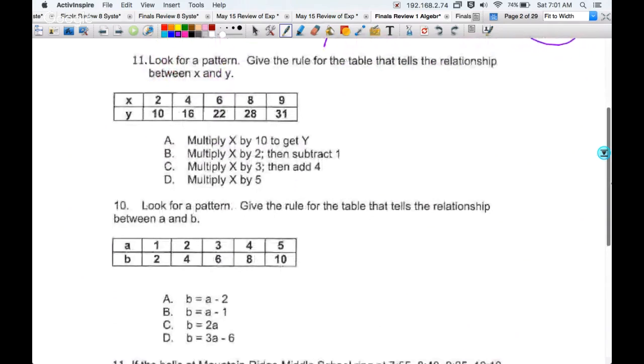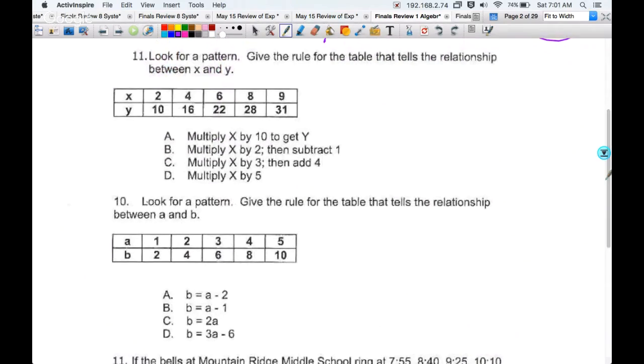All right, number 11, look for the pattern. Let's see. I added 6 there, then I added 6, then I added 6, but this last one did not add 6. I wonder if that's almost just a typo. Well, none of the options add 6 each time. So let's just see which of these makes sense. Multiply x by 10 to get y.